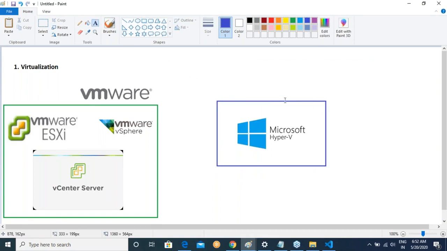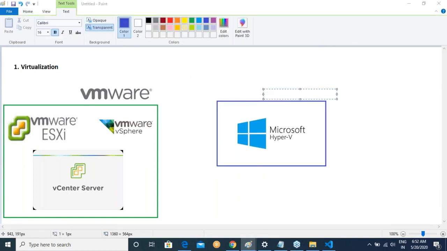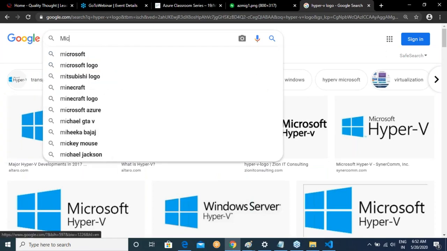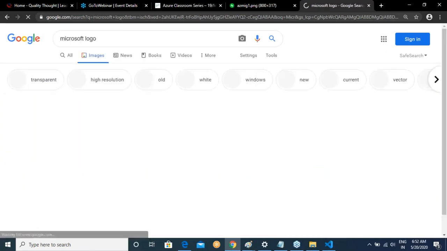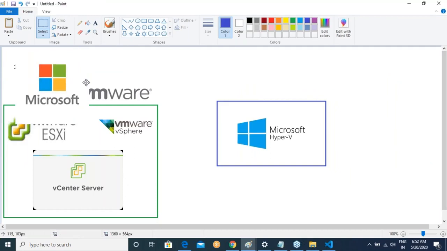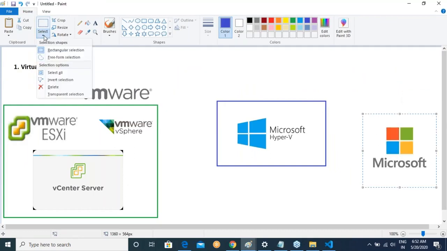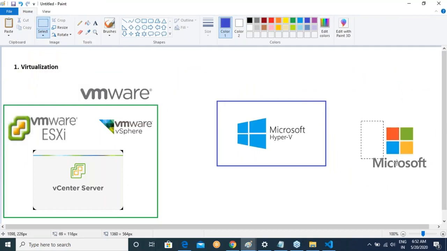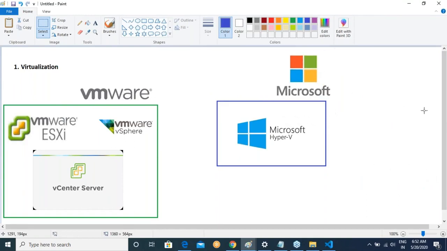This is from Microsoft. So we have to deal with these two kinds of virtualization softwares. Whether your company is using, okay, what are the possible virtualizations? VMware or Microsoft Hyper-V, then we would be able to do that.